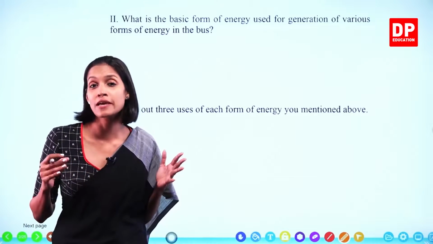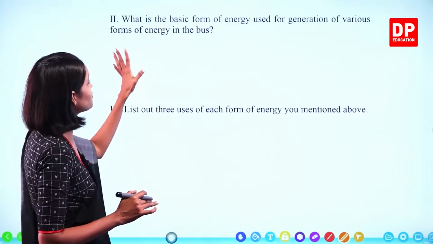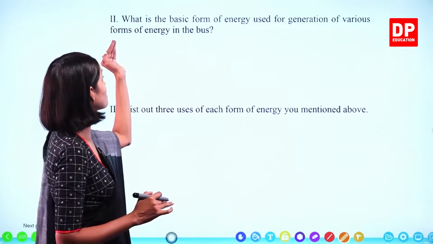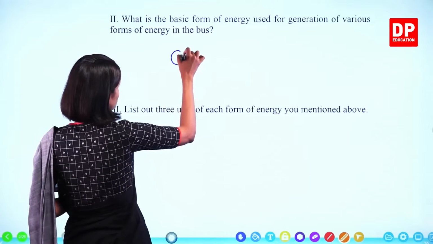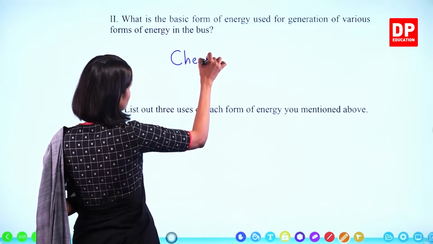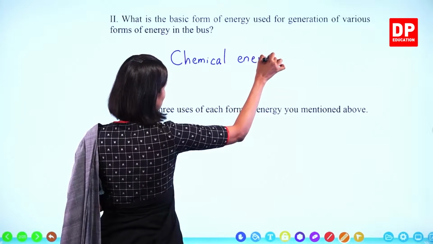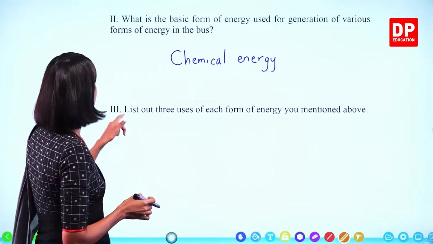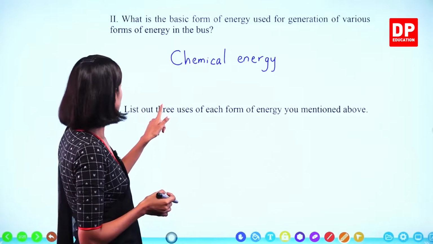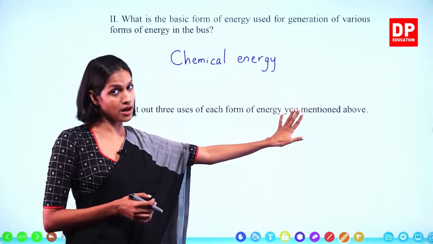Okay, so those are chemical substances, right? So what is the basic form of energy used for generation of various forms of energy in the bus? Chemical energy. Right, children?